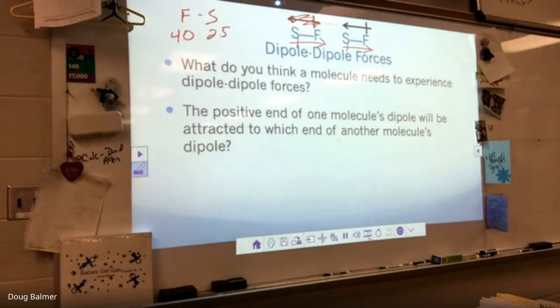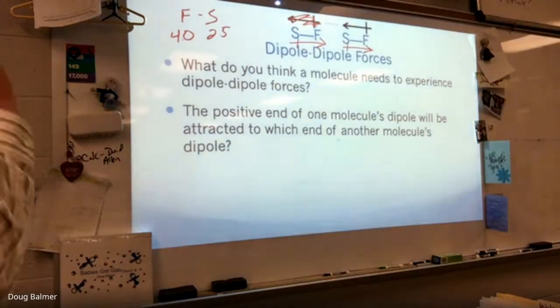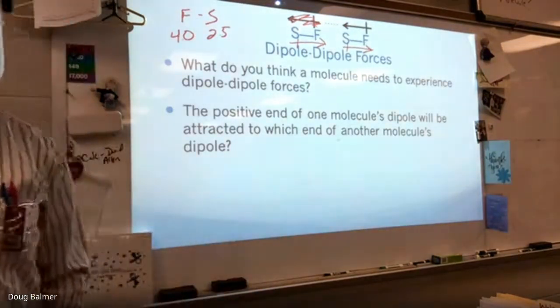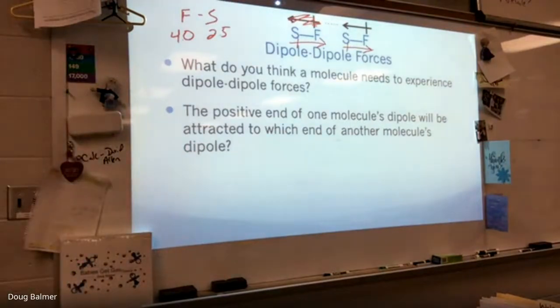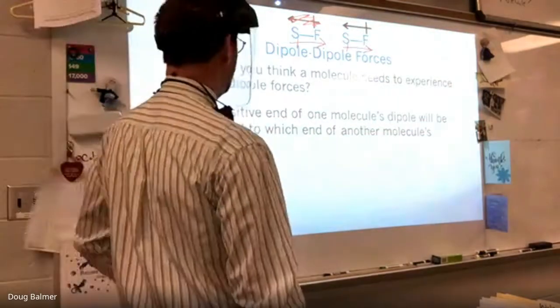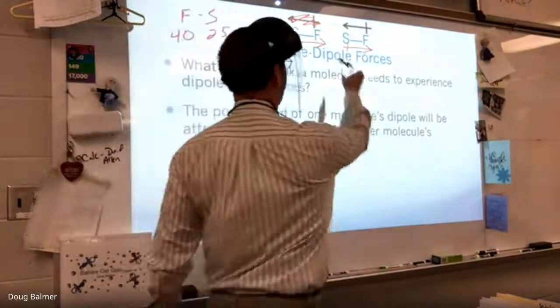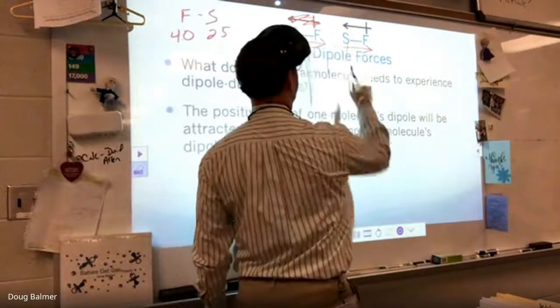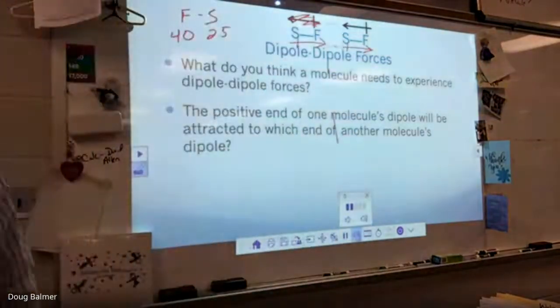Would you agree the F is always going to be the negative end of that bond, and S will always be the positive end of that bond? Again, we're not even talking about a temporary dipole anymore. It is a true 100% there all the time dipole. So you need a dipole and a dipole. Opposite charges attract. This is going to be a much stronger attraction because it's always present.